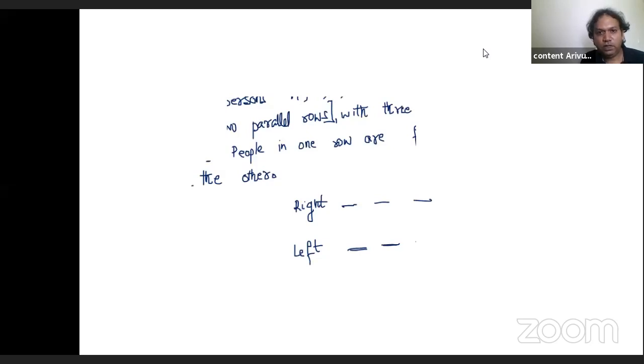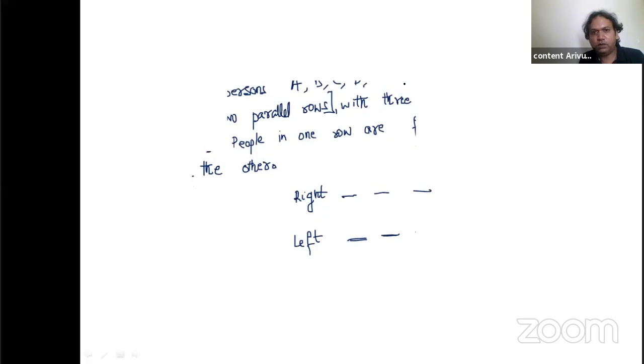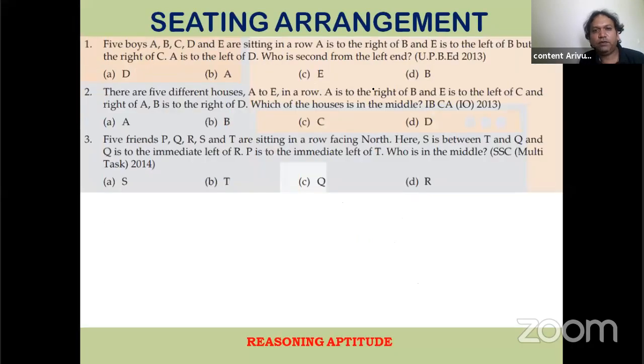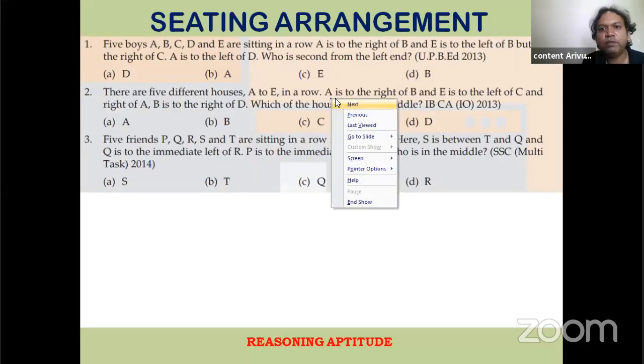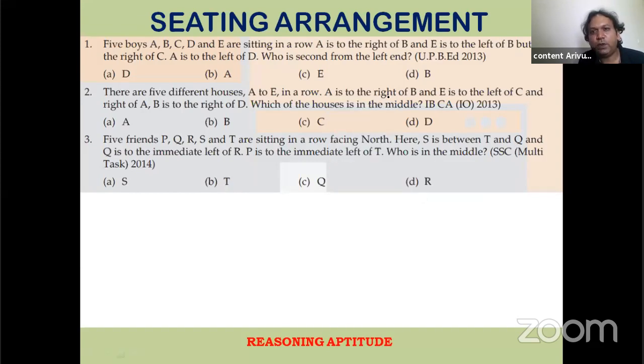Okay, so we'll be starting with the questions now. Let's start with the first three questions and solve them one by one. As you can see, these questions are from the UP B.Ed examination, Bachelor's of Education, the IB examination, Intelligence Bureau, and the SSC, Staff Selection Commission exam.